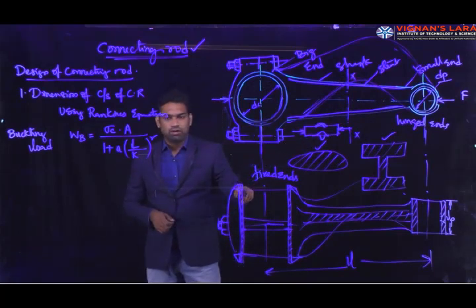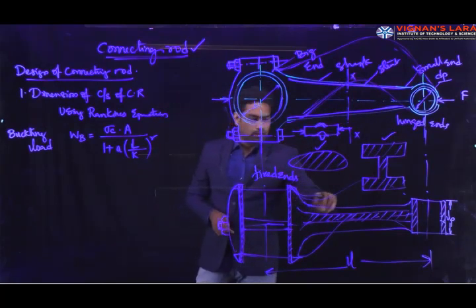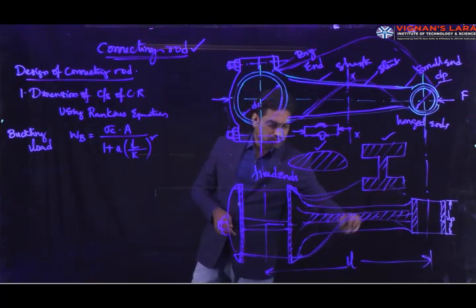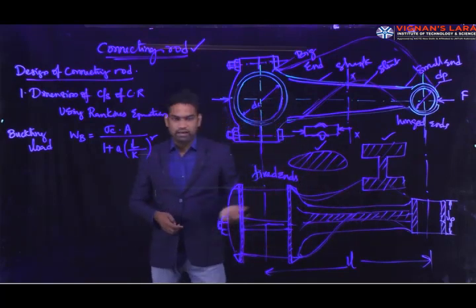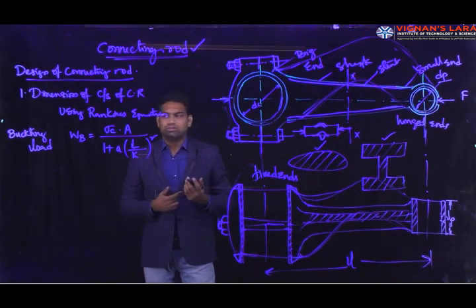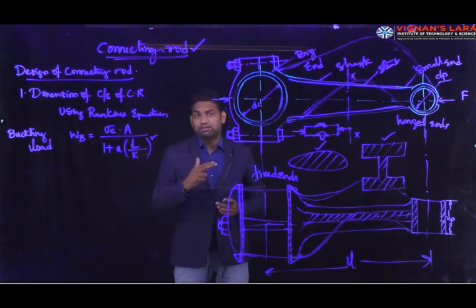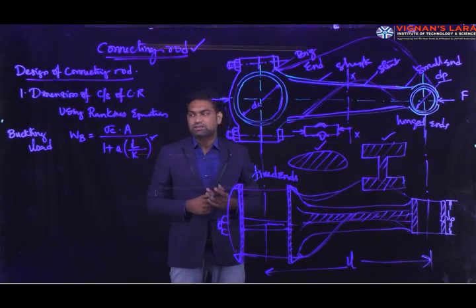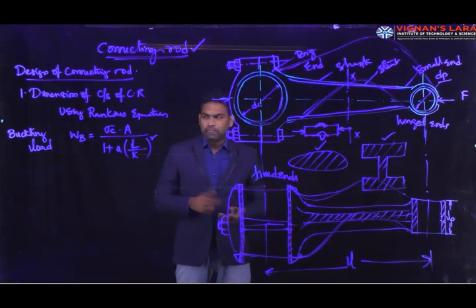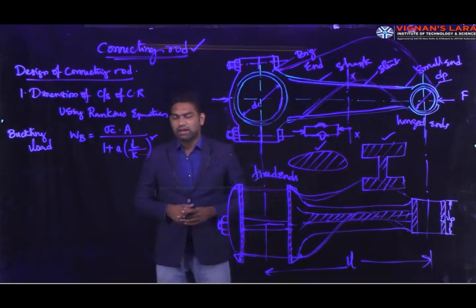Coming to the top view, this is perpendicular to the plane of rotation, about the y-axis. While designing the connecting rod, we need to give a design with equal strength in both axes, x-axis and y-axis. So let us check the buckling in the x-axis and y-axis.